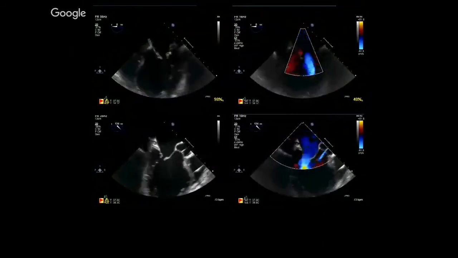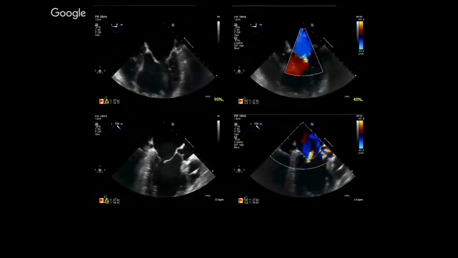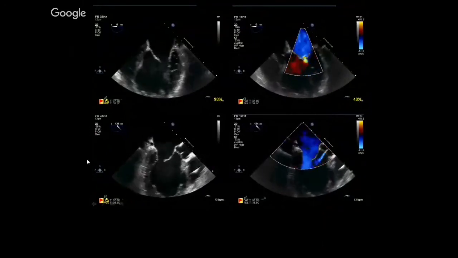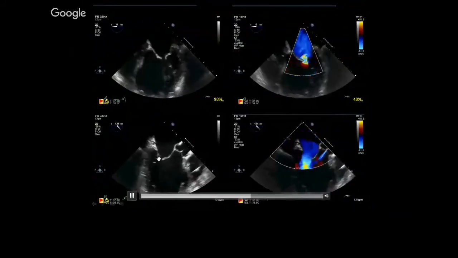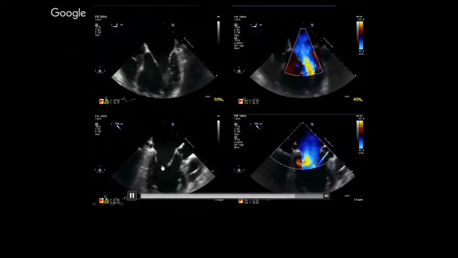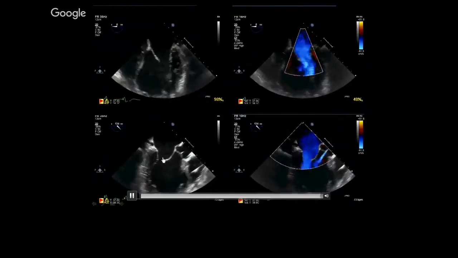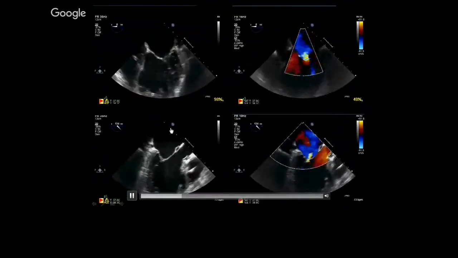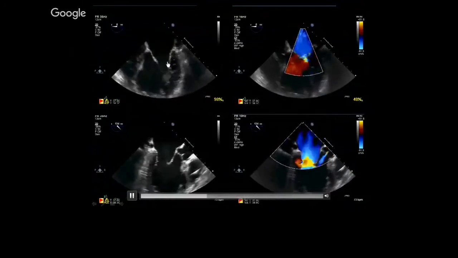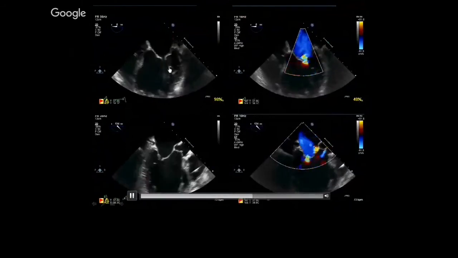And you just get a sense, let me see if I can find my cursor. This leaflet is kind of tethered down, you know, the plane of coaptation is actually below the annulus. That's tethering from old myocardial infarction.